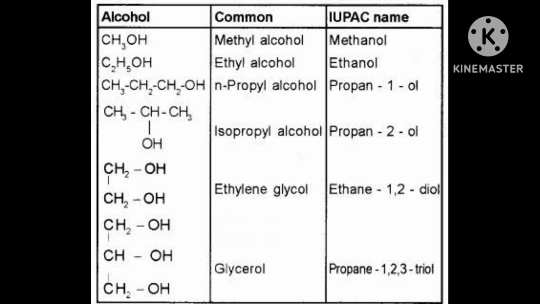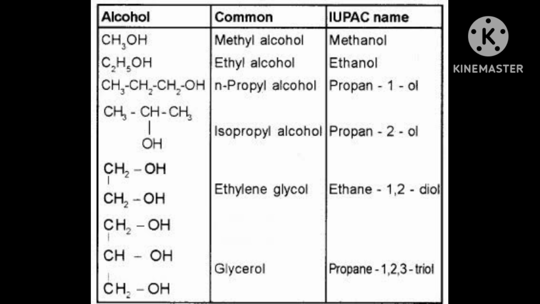I already told you this is from the word methane. From methane, you remove the e at the end and add ol. Then it will be methanol. Methanol is the IUPAC name.